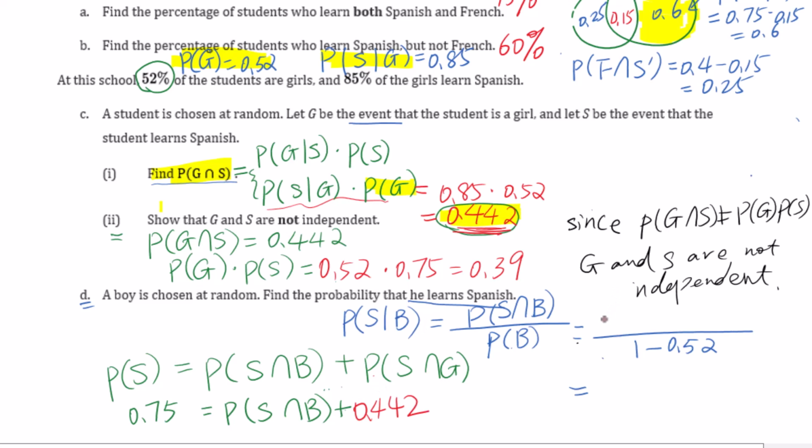Therefore, probability of Spanish intersection boys will be 0.75 minus 0.442. 0.642 is the solution for probability of Spanish given boys.